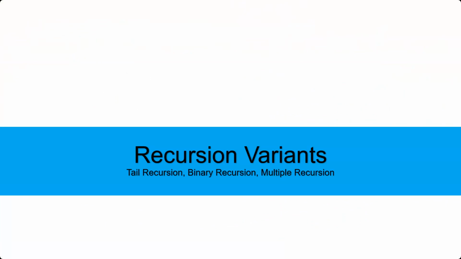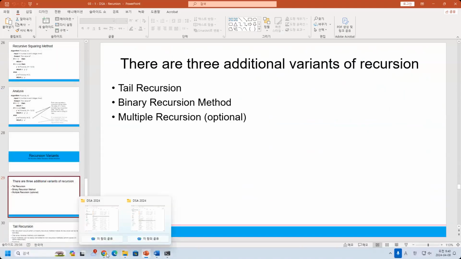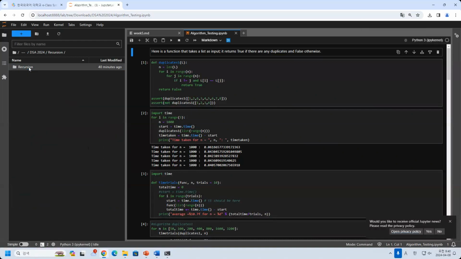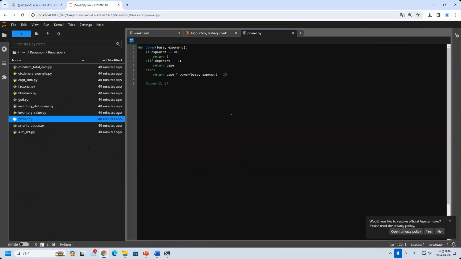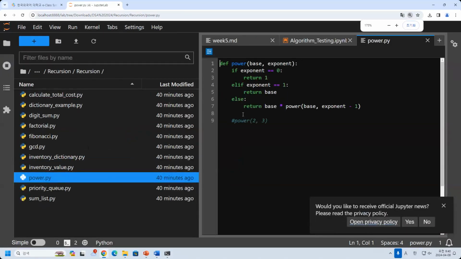Okay, so if you look at the code, I give you the power function with base and exponent. If exponent equals 0, then return 1. Else if exponent equals 1, it is base. Otherwise we do base multiplied by power(base, exponent minus 1).